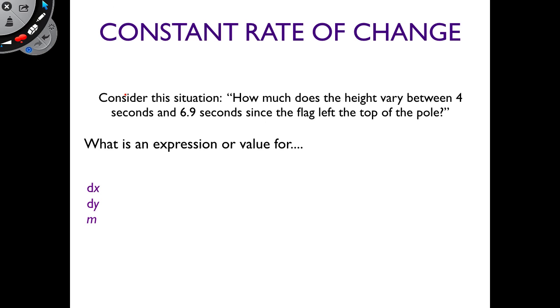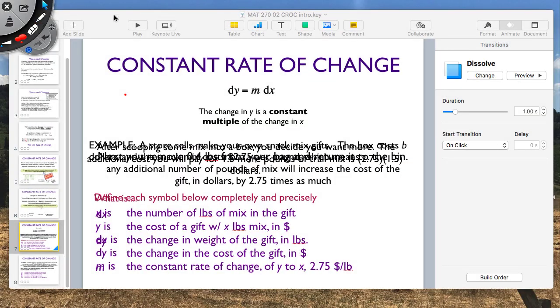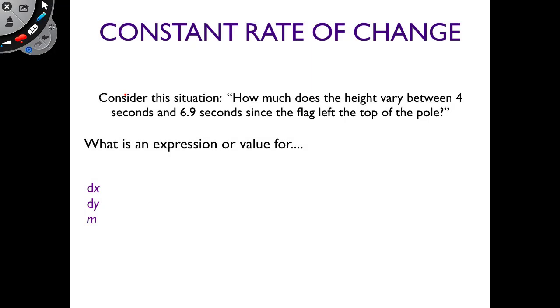So our dx would be this variation in time, as we said. If you want to think of symbols, we could say x final minus x initial, because lots of times you'll see information given in this way. These numbers are nice enough, so you can say that's 2.9 seconds. But it's 6.9 minus 4 seconds have gone by. So 2.9 measured in seconds.